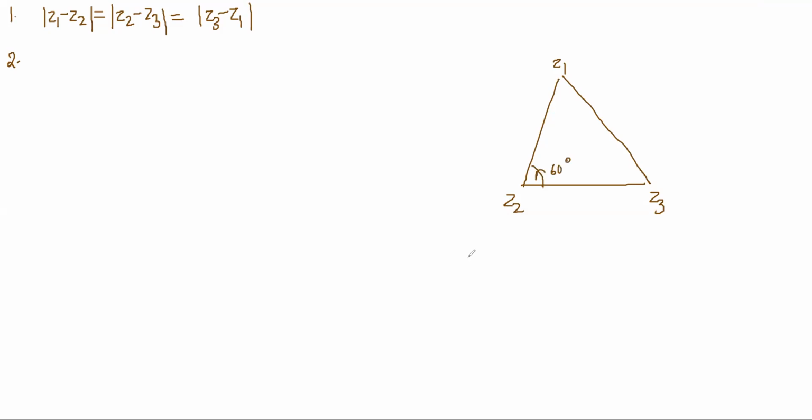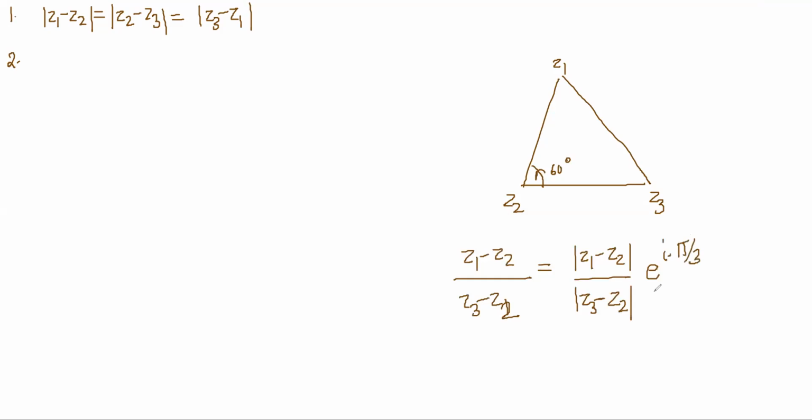So we can say that Z1 minus Z2 by Z3 minus Z2 is equal to mod of Z1 minus Z2 by mod of Z3 minus Z2, times e power i pi by 3. This we can say, right? Correct? Yes, sir. So because this is an equilateral triangle, this should cancel off. So this is just e power i pi by 3 is equal to Z1 minus Z2 by Z3 minus Z2, right?